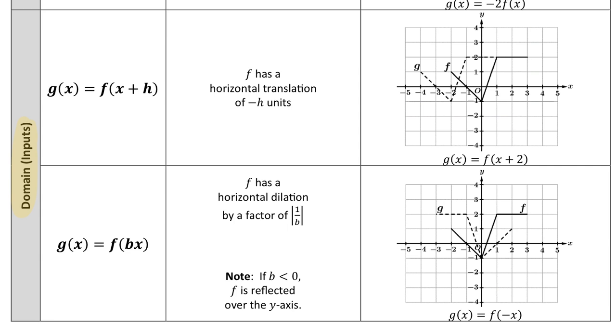Now let's talk about these. So f of x plus h, since that plus h is inside, we know it's affecting the inside or the inputs of the function. That is a horizontal translation of negative h units. This is the one that goes the opposite. Meaning, if you see negative h in the equation, you are moving to the right.